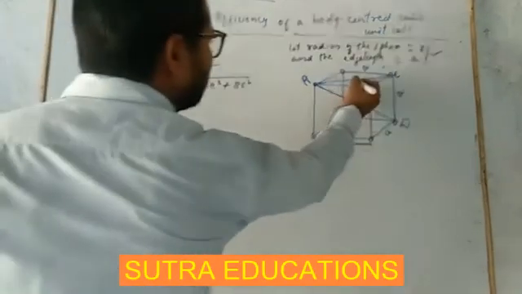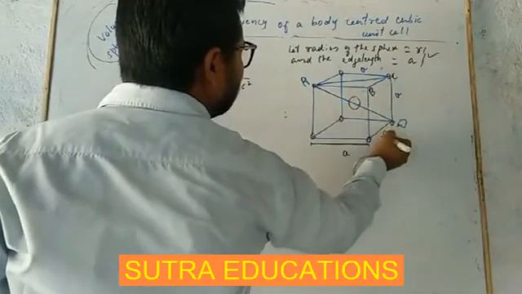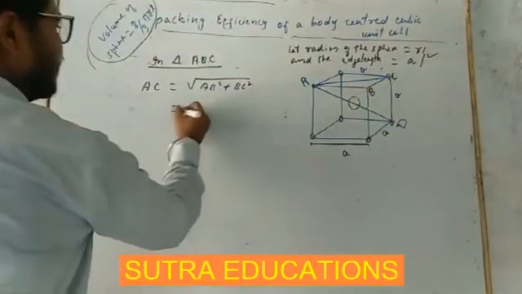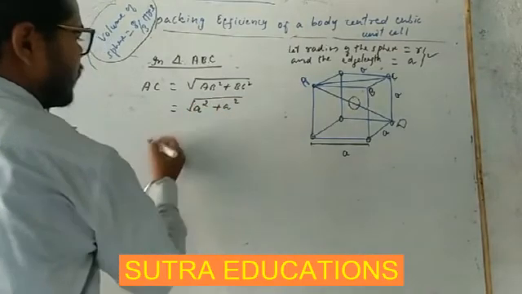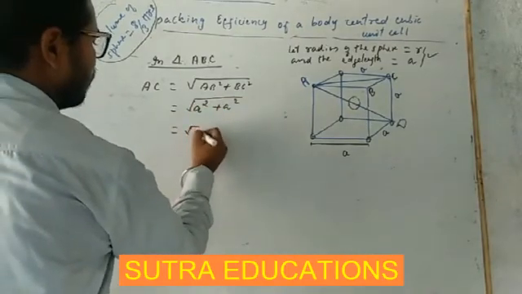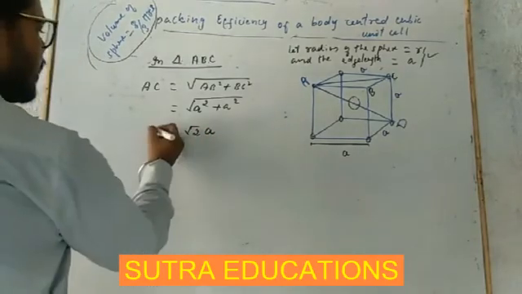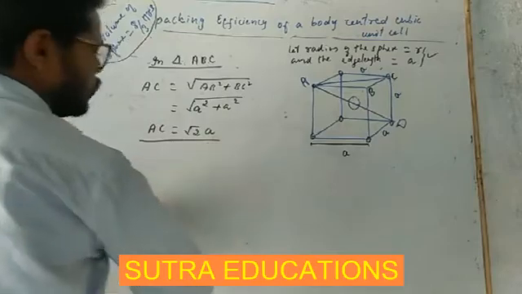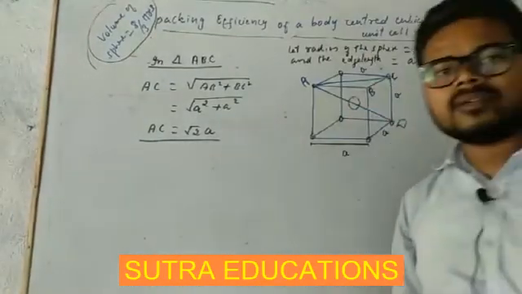AB is the edge length, it is equal to a, BC is the edge length, it is equal to a. So we will write here a square plus a square, which is equal to root 2 a. Okay, means AC is equal to root 2 a.